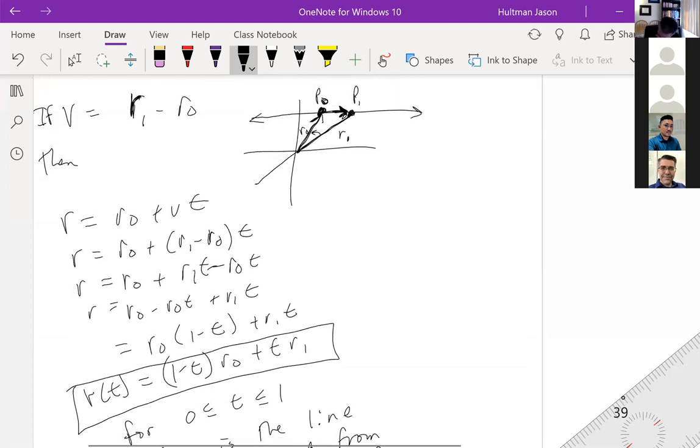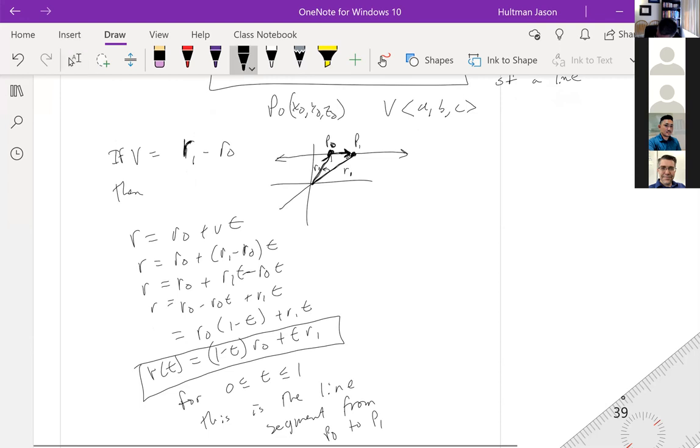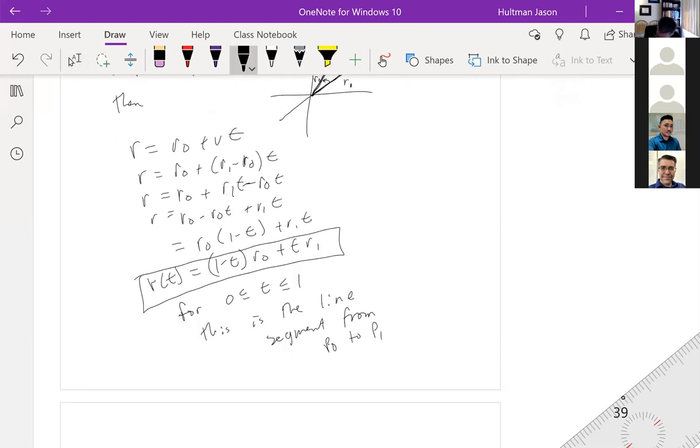Now, why is this? Because we're saying that V, the vector V here, R1 minus R naught, that's the vector we're using, and that's going to give us a line segment. We're only allowing t to go from 0 to 1.